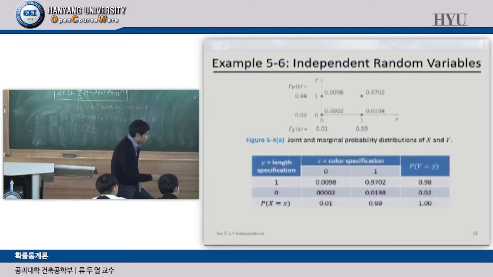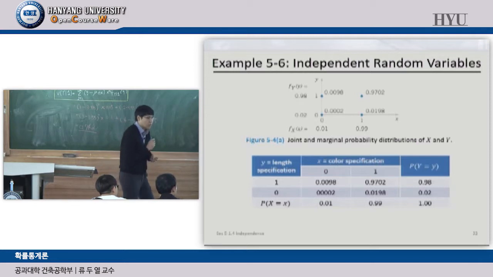These values indicate the result from the joint probability mass functions, and these columns indicate the result from the marginal probability mass functions of Y and X.